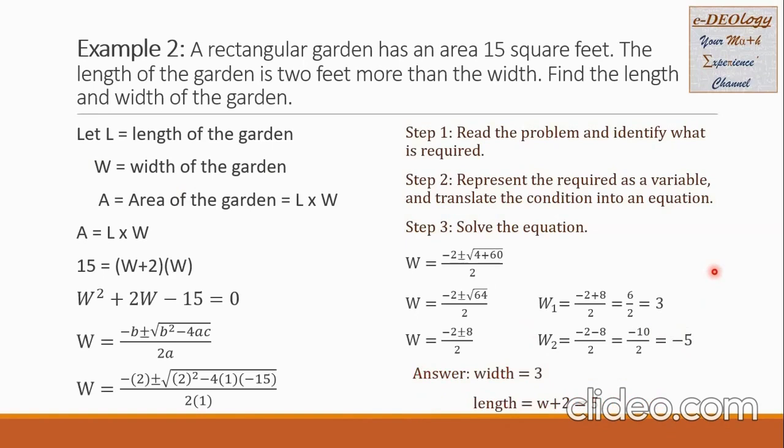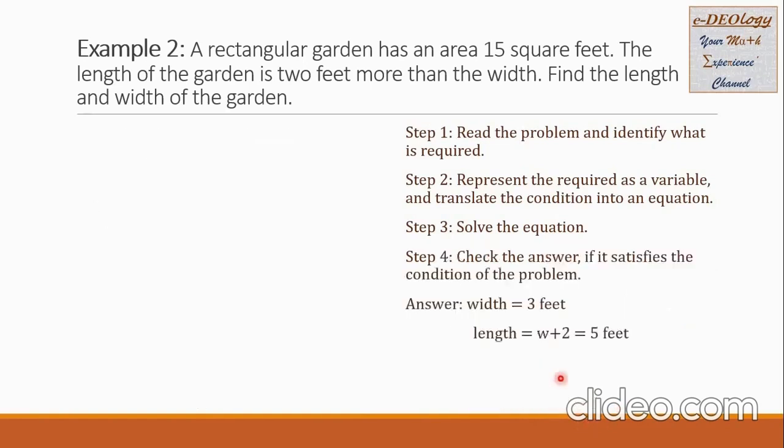It means our answer is positive 3, and for the length, we will just use our relation that W plus 2, and that is equal to 5. We don't forget to write the unit. The width is 3 feet, the length is 5 feet.